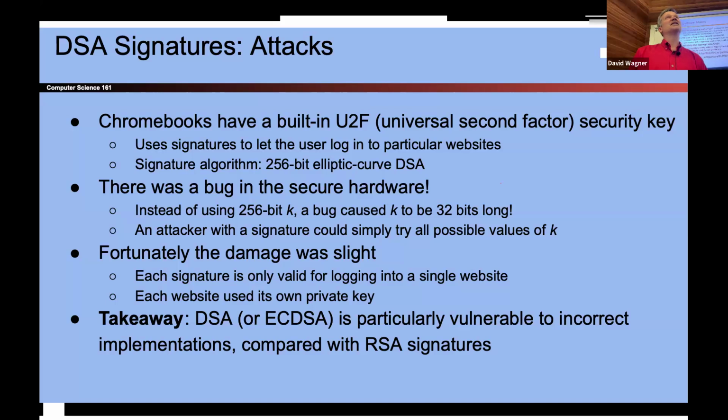Basically the best advice is to choose a good library that implements this and takes care of all these nitpicky details for you. And in project 2, we're going to try to give you an API that implements a bunch of this stuff for you, so you don't have to know how to apply OAEP padding or stuff like that.